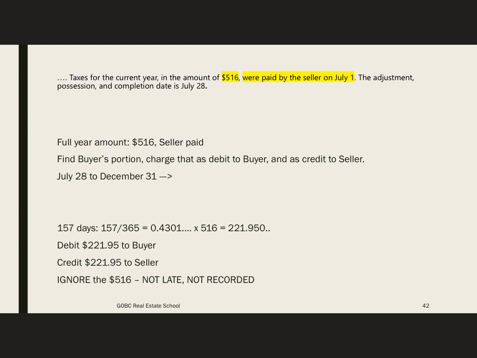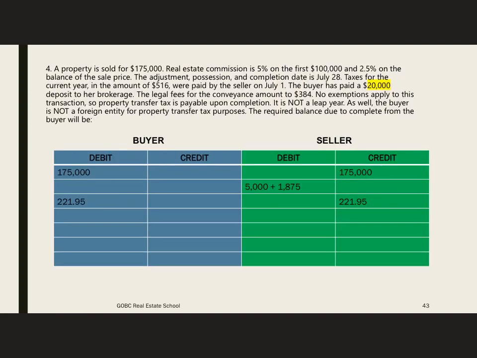So here is a nicer way to actually write it out. 157 days out of 365, that's your decimal. Multiply that by 516 and you get $221.95 because that third decimal is a 0. So you would debit that to the buyer, credit that to the seller. You ignore the 516, it's not late, so it's not recorded. Okay, so debit to the buyer here and a credit to the seller.